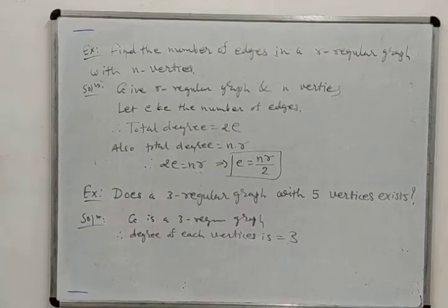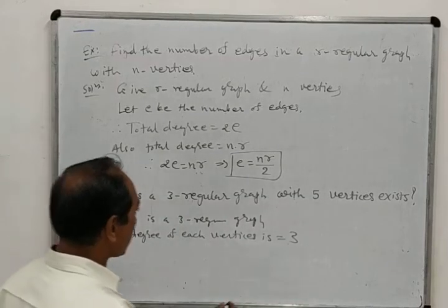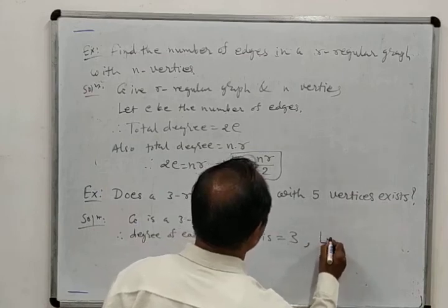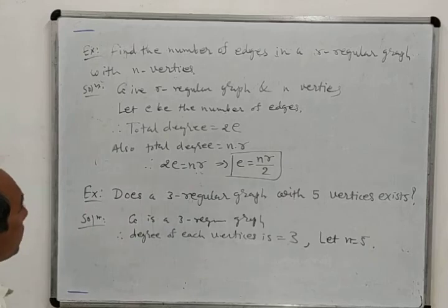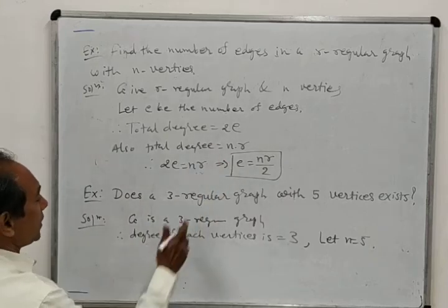And here we are given that 5 vertices may exist or not. So suppose let n equal to 5. 5 vertices are there. So we will try to find out the number of edges from this example.